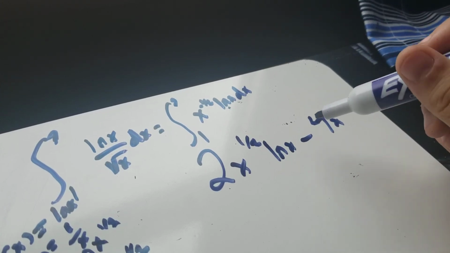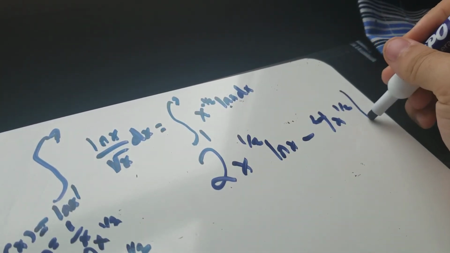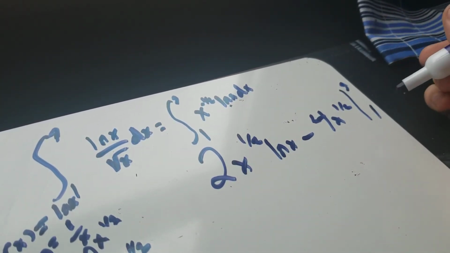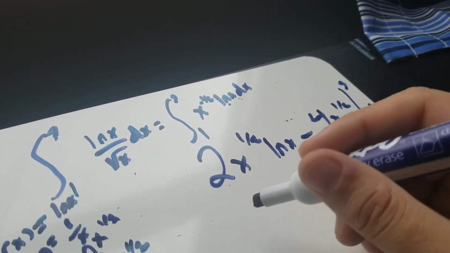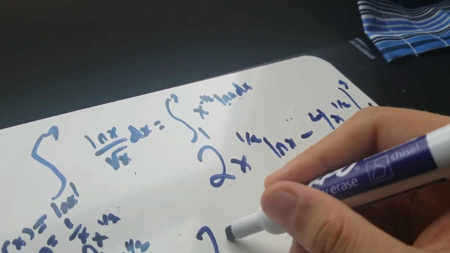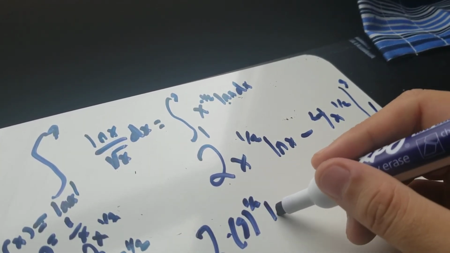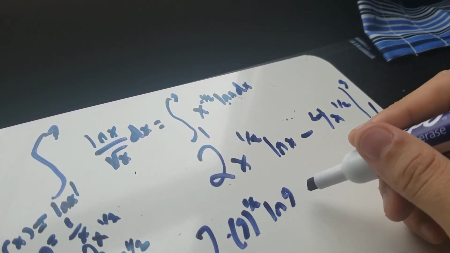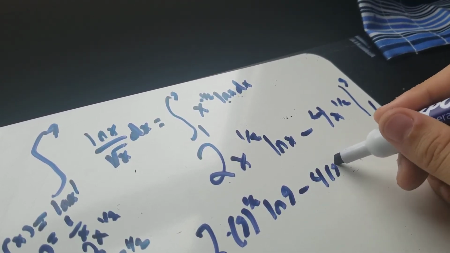Now remember, it's not going to be a plus c because we actually had bounds. So we're going to take the difference of 9 and 1. First I'm going to plug in 9, and then I'm going to plug in 1. So 2 times the square root of 9, ln 9, minus 4 times the square root of 9.